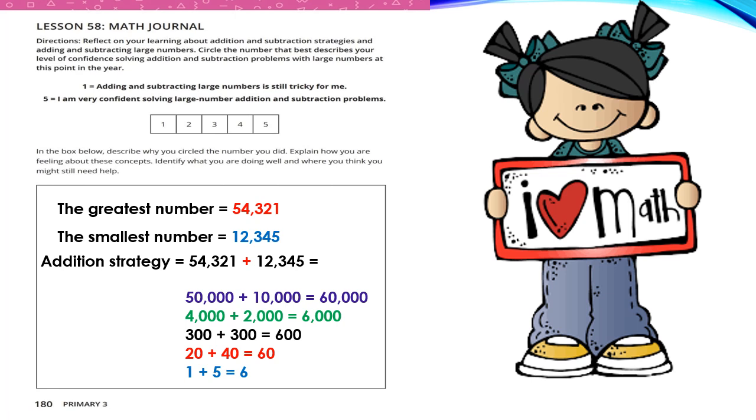Hundreds with hundreds, tens with tens, ones with ones. Let's collect all of these results. So the answer will be 66,666.